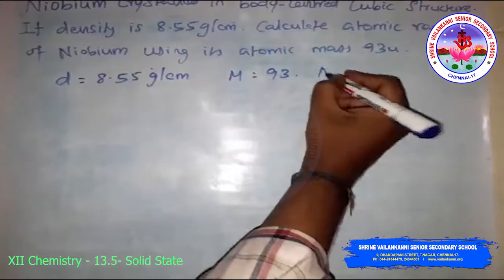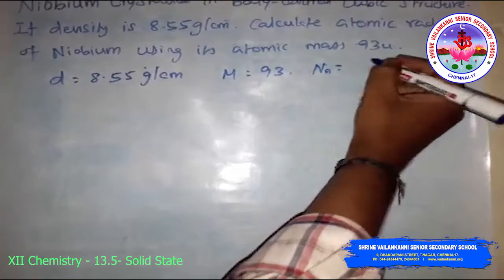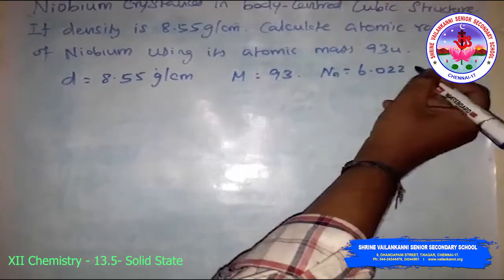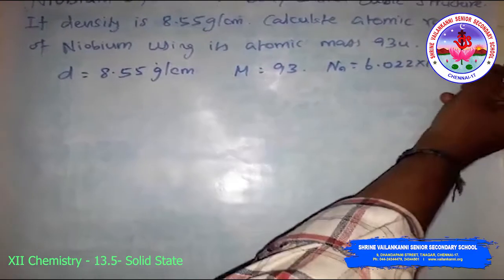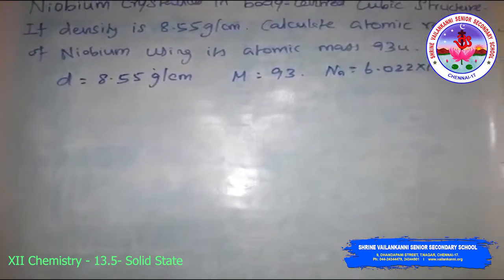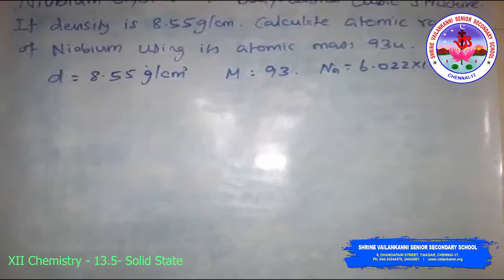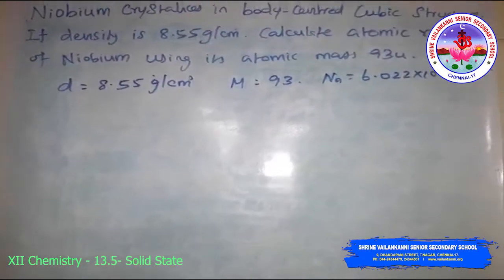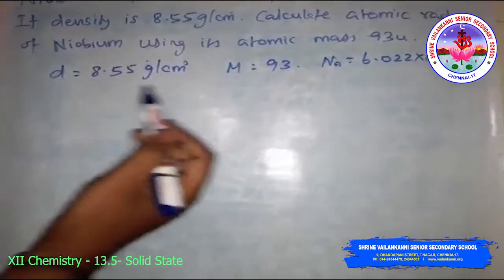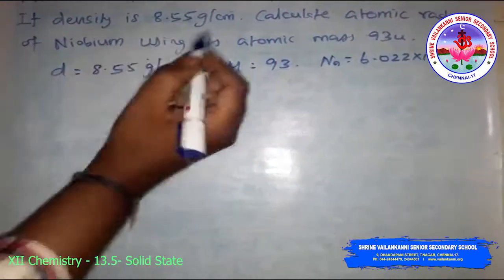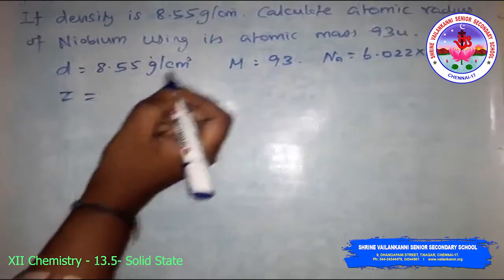Then the Avogadro number, we already know, is 6.022 into 10 power 23 mole inverse. Then Z. So what is Z here?